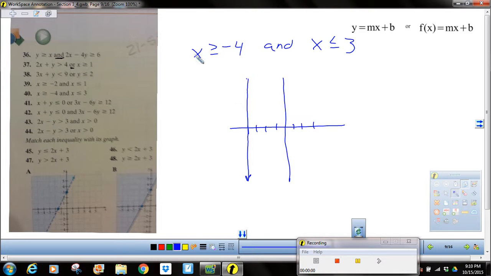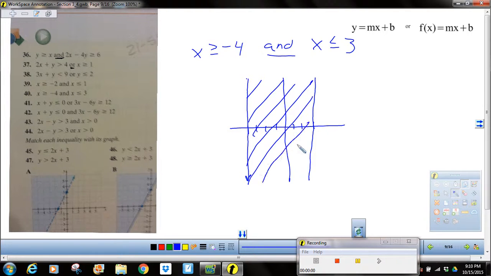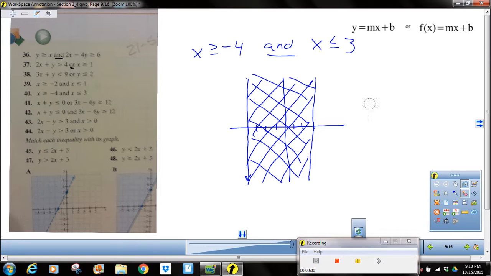It says x is greater, so it'd be going to the right. This one says x is less than or equal to 3, so it has the equal to part. It would be shaded left. We're looking for and, so it's overlap. It'd be this area right through here, this region in between the two vertical lines. And that was number 40.